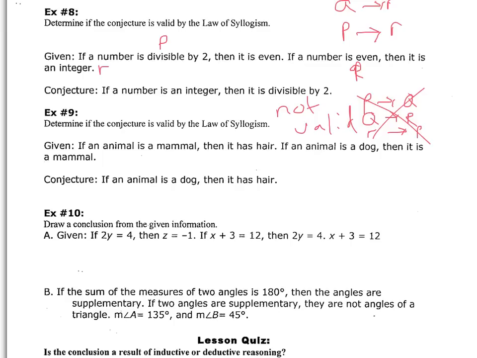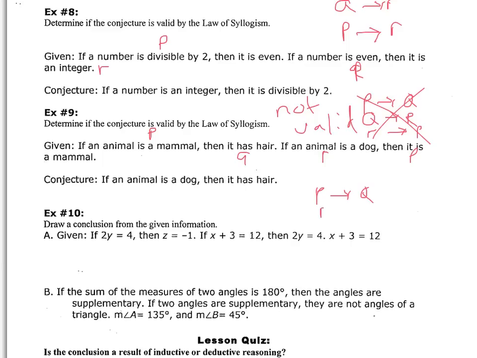Let's look at our next example. It says if an animal is a mammal, that's your P, then it has hair, that would be your Q. And if an animal is a dog, that's your R, then it is a mammal, which leads back to your P. P going to Q: if an animal is a mammal, then it has hair. That's reasonable.